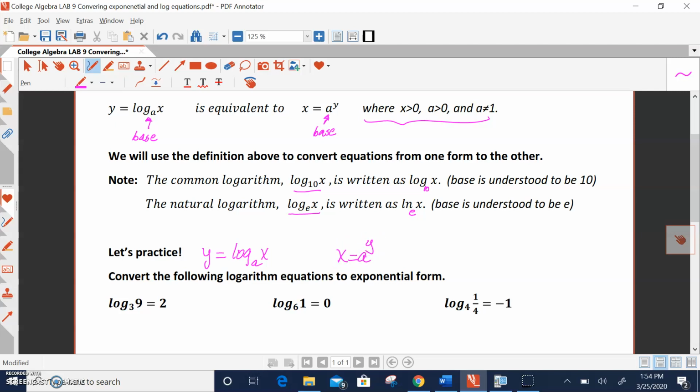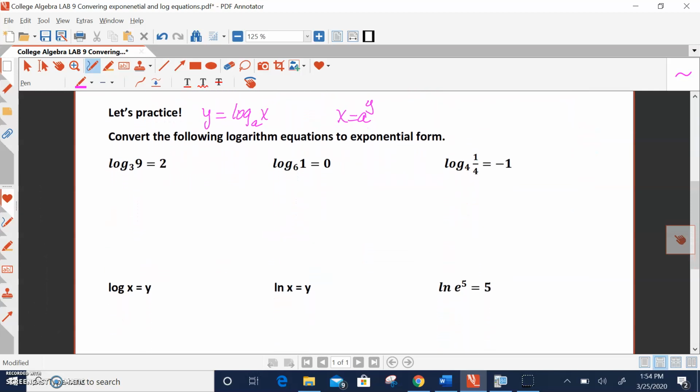So we're going to practice converting some logarithms to exponentials. So right here, I have log base 3 of 9 equal to 2. I want to take this logarithm and rewrite it into the x equal a to the y form.